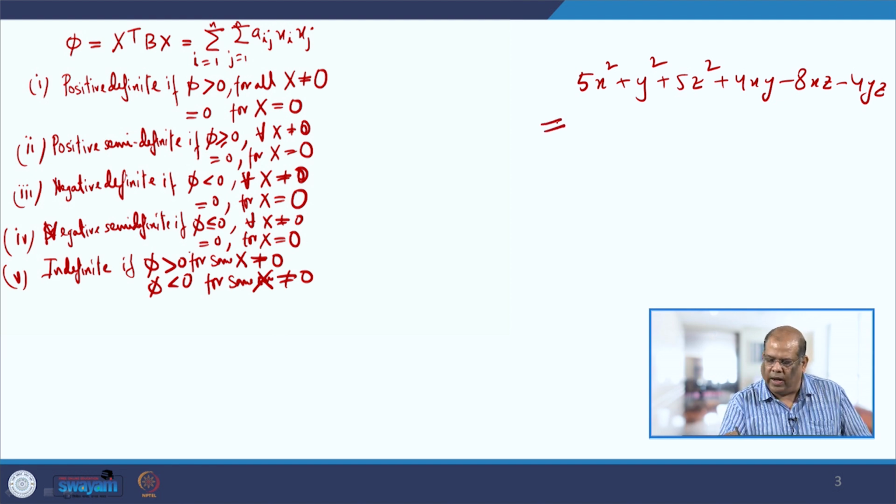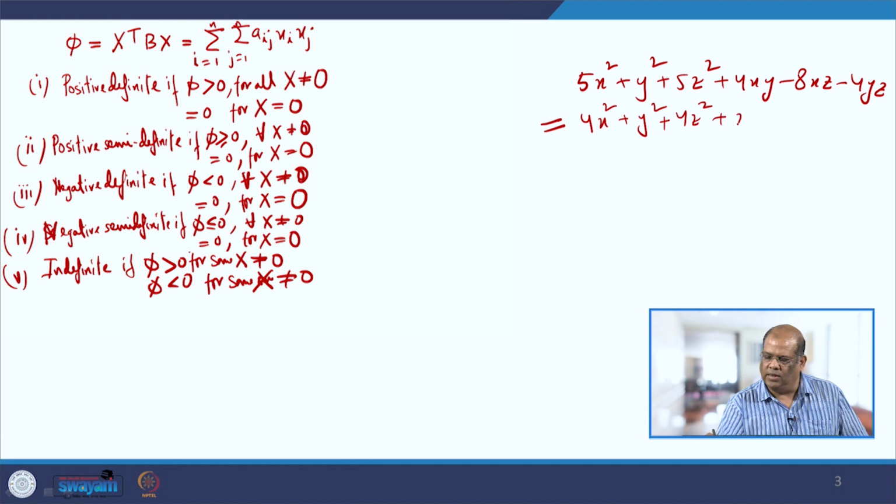So, the trick is that you try to make this a whole square. So, if I want to make this a whole square, instead of taking root 5 whole square, I will write it as 4x square plus y square plus 4z square.